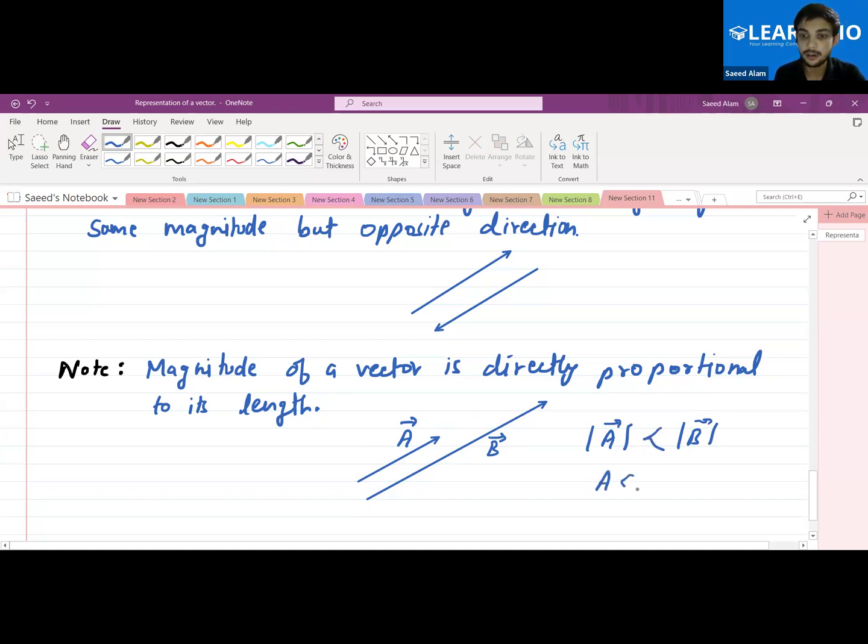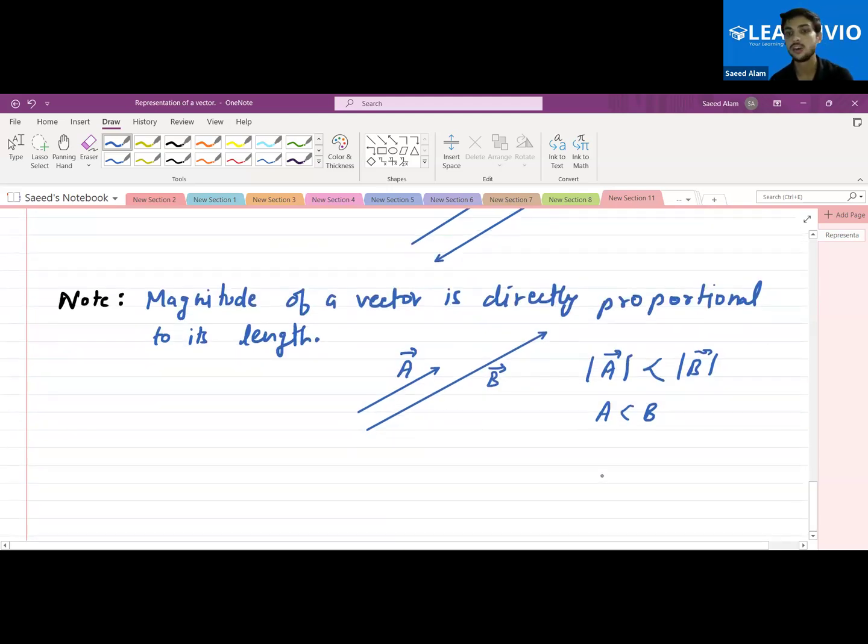Or can I write it also like this? Yes, because the magnitude can be represented by that single letter also. So this is how we see that if we draw a vector of a larger length, it will be of larger magnitude. Understood? Okay, now we'll see the scalar multiplication of a vector.